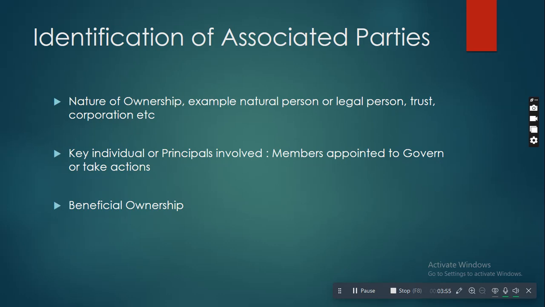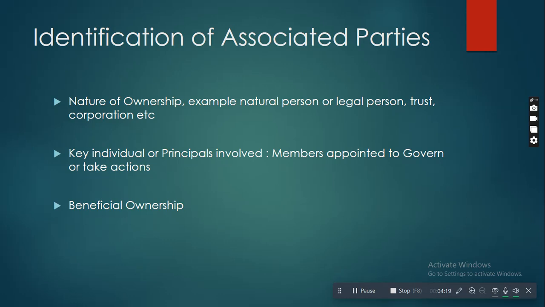The second point is we also look at key individuals or principals involved, people or members appointed to govern or take actions. Examples would be the board of directors, the CEO, the CFO, the chairman, the treasurers, and the lawyers involved.